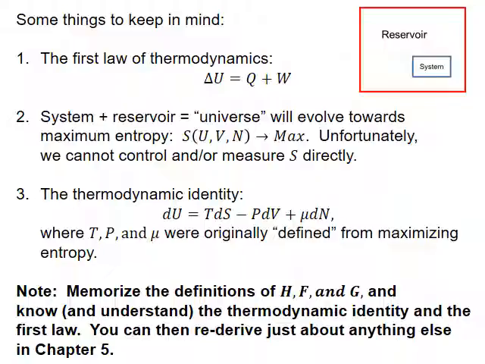And the universe, as I use it in quotes, corresponds to a reservoir, a large entity that contains our thermodynamic system. So we already dealt with this in chapter 6, right? And the entropy of the universe, which is essentially the reservoir and system together, evolves towards a maximum, right? Now, that's a truism.